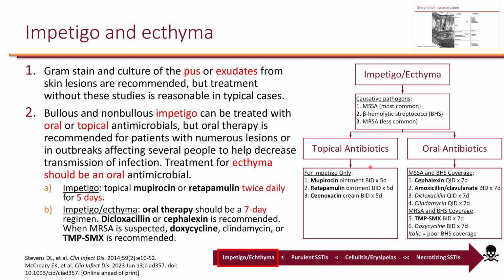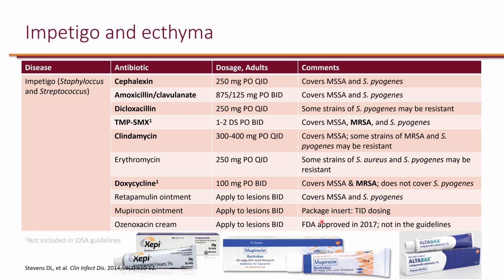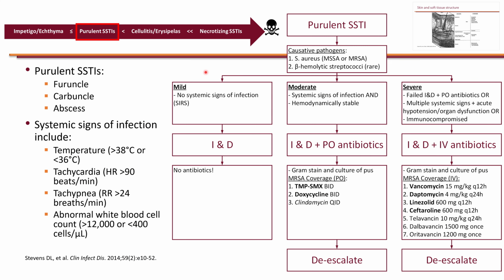So if you don't have culture results, you can totally do these creams or these treatments for 7 days and you'll be done with treatment. Now, these are the regimens that I had mentioned, so keep note of the frequency of doses, because the ones that are 4 times a day are less likely to have adherence in patients.